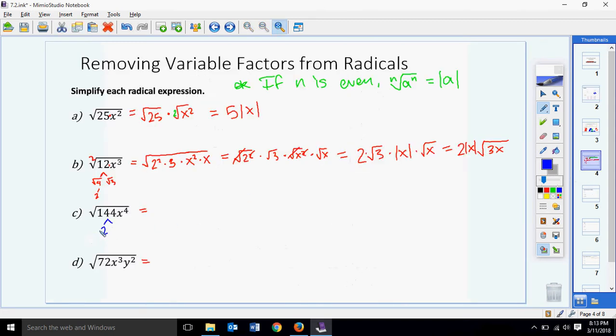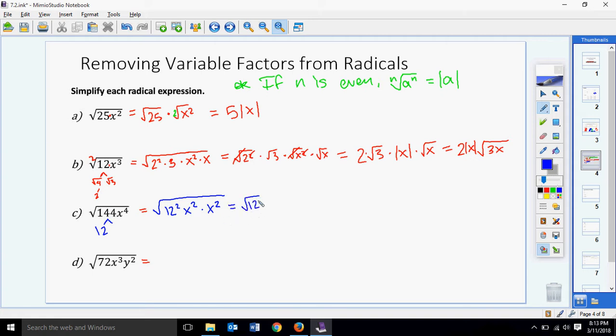So it just breaks down into 12. So writing this under our radical, we have 12 squared times x squared times x squared. So x squared times x squared would give me back x to the 4th. 12 squared would give me back 144. So I haven't changed the problem at all.